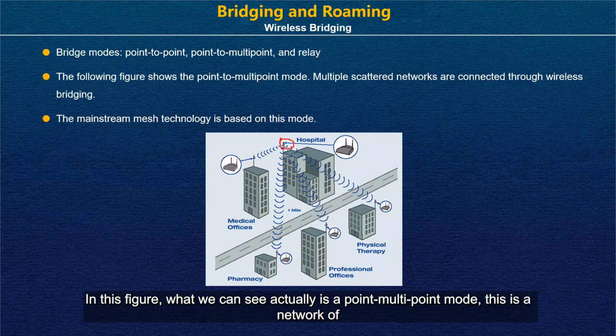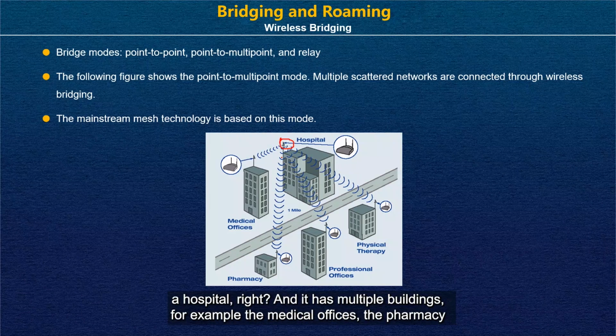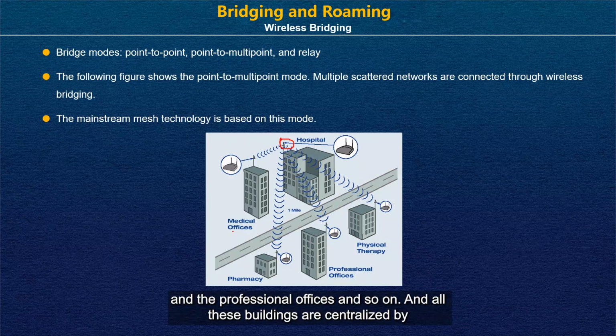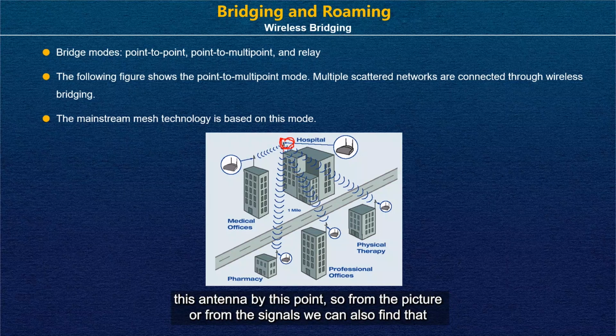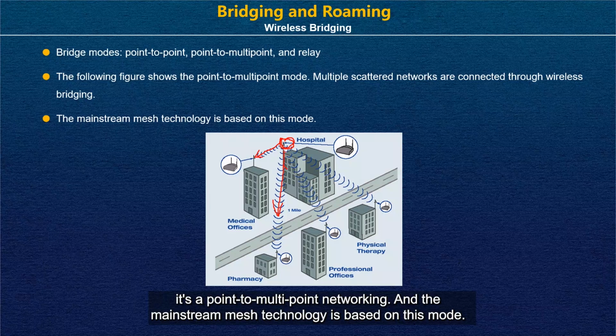This is the network of a hospital, and it has multiple buildings, for example, the medical offices, the pharmacy, and the professional offices, and so on. All these buildings are centralized by this antenna, by this point. So from the picture or from the signals, we can find that it's a point-to-multipoint networking.